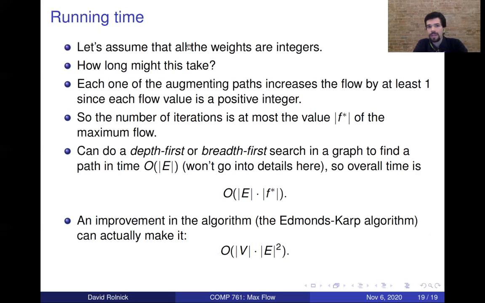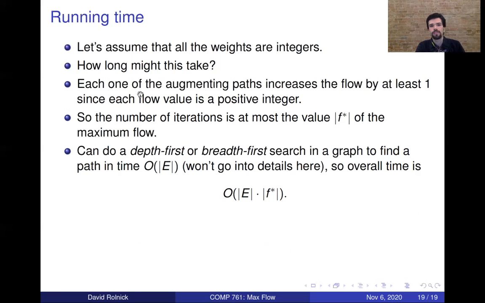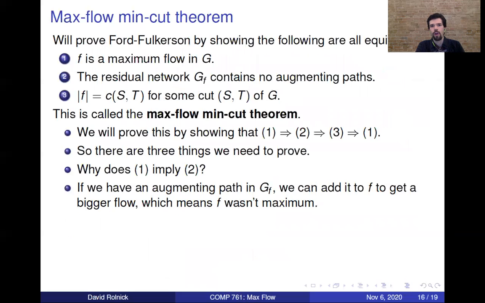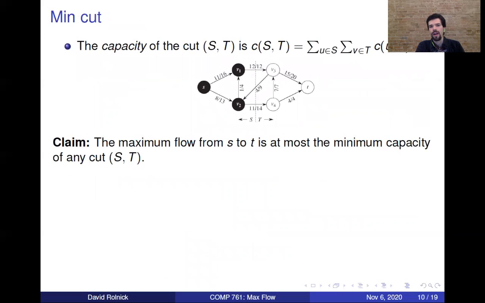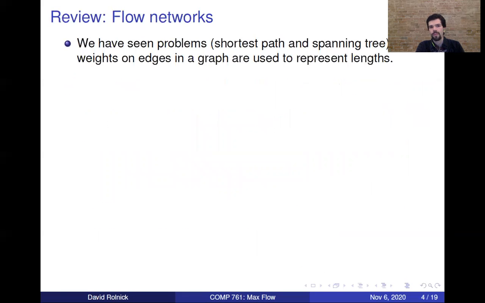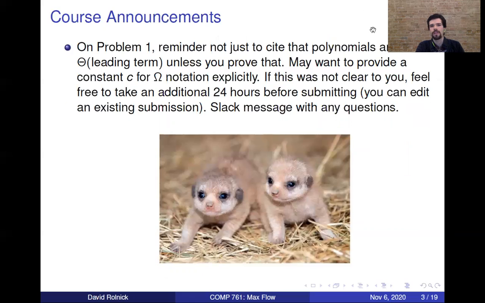Again, if you joined late, I can go back to the first slide where I mentioned that for problem number 1, you should make sure that if you're saying that polynomials are theta of their leading term, you should prove that.